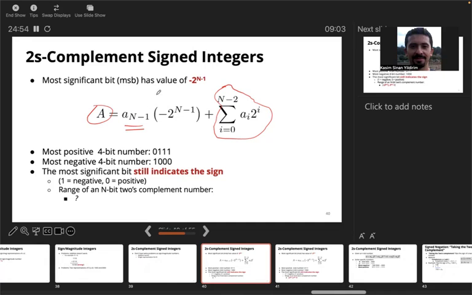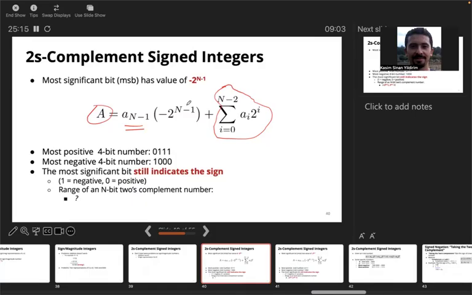If this bit is 0, this component will cancel out and it will not have any impact. But if this bit is 1, then I will add minus 2 to the power of n minus 1 to the number.